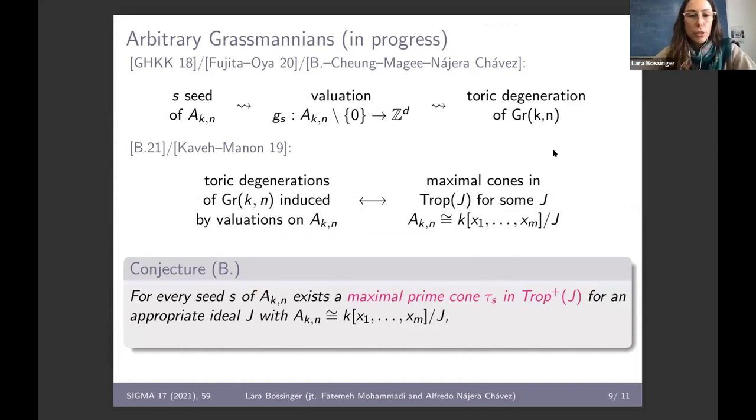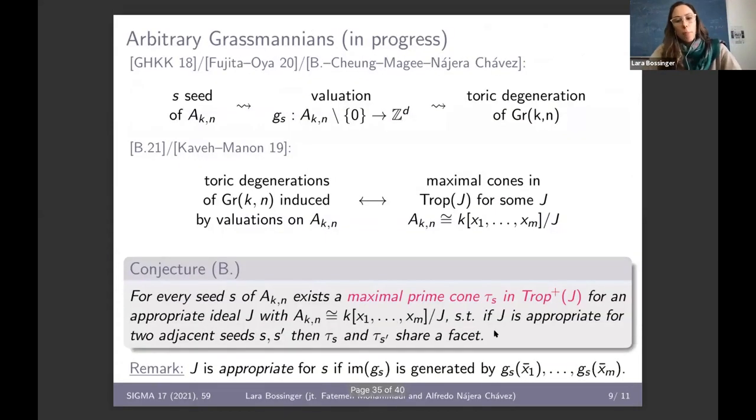If you apply this general theorem, which works more generally for projective varieties and the homogeneous coordinate ring for some embedding of the projective variety, to the case of the Grassmannian together with these G-vector valuations, what you will find is not only a maximal prime cone in the tropicalization, but actually a prime cone in the positive part of the tropicalization. So J here is exactly an appropriate ideal, giving us such a presentation.